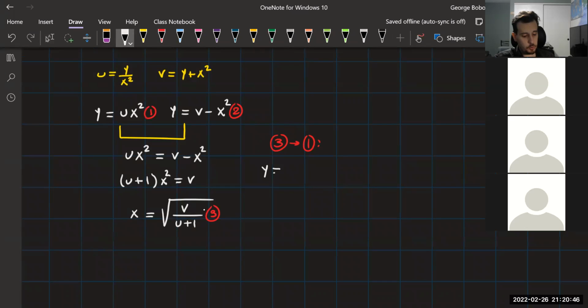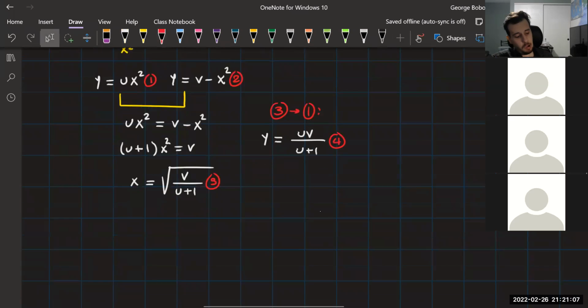So y is equal to u, and then x squared is v over u plus 1. You can see it just becomes uv over u plus 1. Beautiful. That's it. There they are in all their glory.